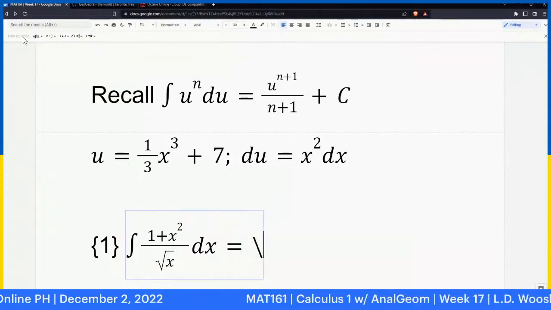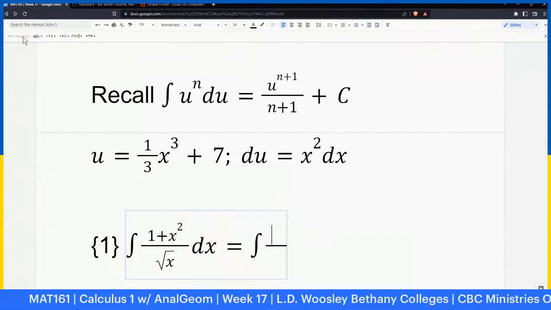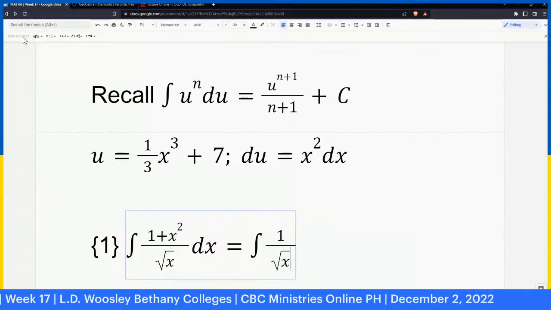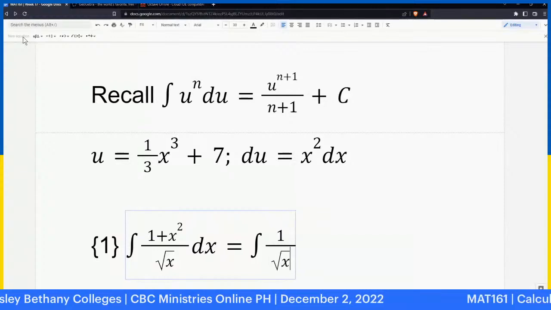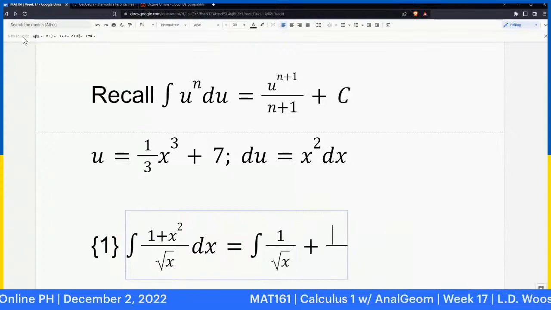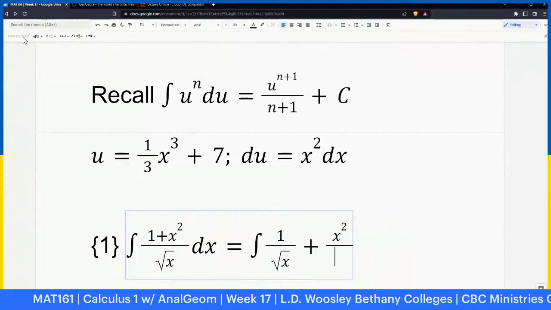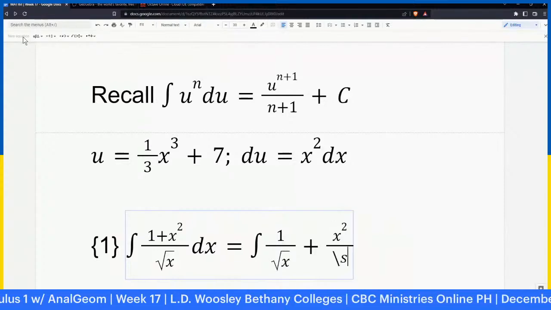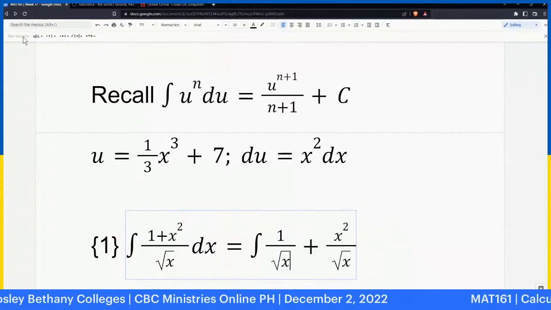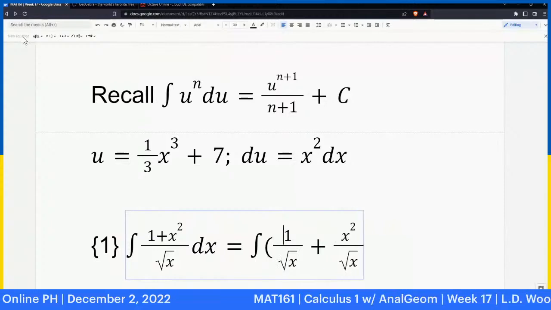So that becomes like we could divide literally this by 1 all over square root x plus this one x squared all over square root of x, right? dx.